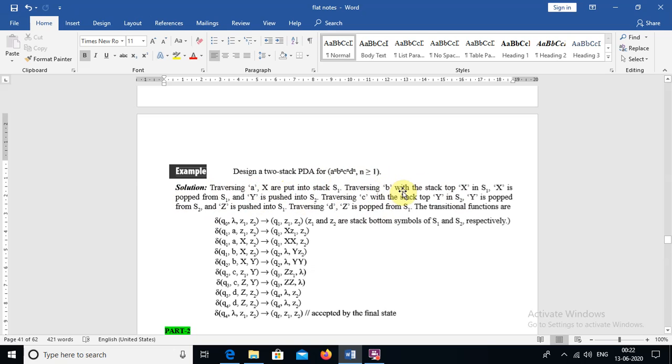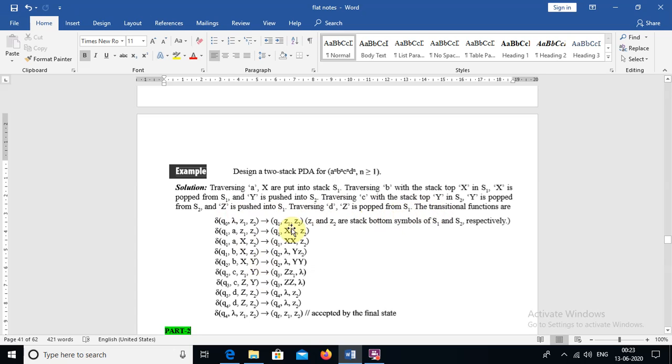For traversing B, with x on top of S1, x is popped from S1 and y is pushed into S2. For traversing C, y is popped from S2 and z is pushed into S1. For traversing D, z is popped from S1.